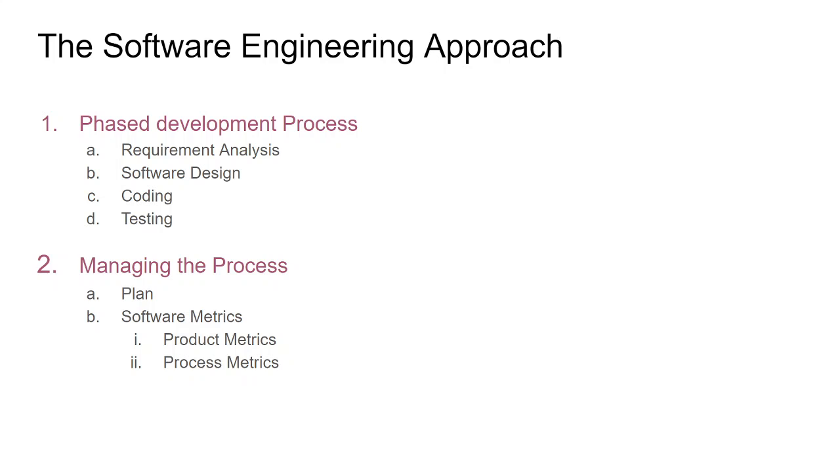So after this phase, the client does not interact with the project team. It's only with the requirement analysis team he speaks, and after that he is not in the picture. After this, the software design team will get the information from the requirement team and design the software according to the documentation prepared by the requirement analysis team.